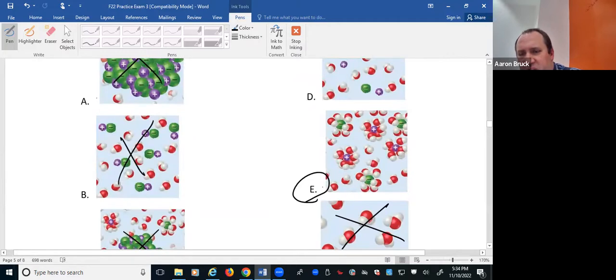Look closely at this plus ion. So this cation, what part of the water molecule is it attracting? Oxygen is red, hydrogen is white. It's attracting, so the positive ions are attracting the oxygen side of the molecule.